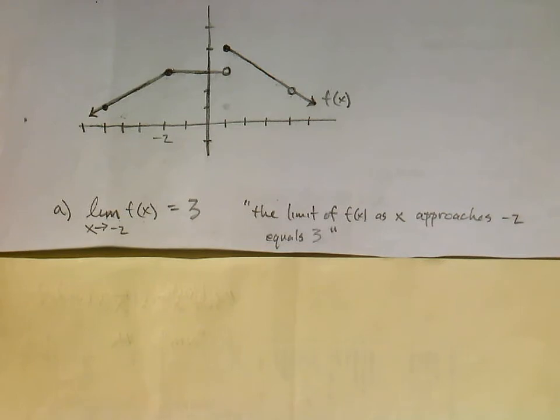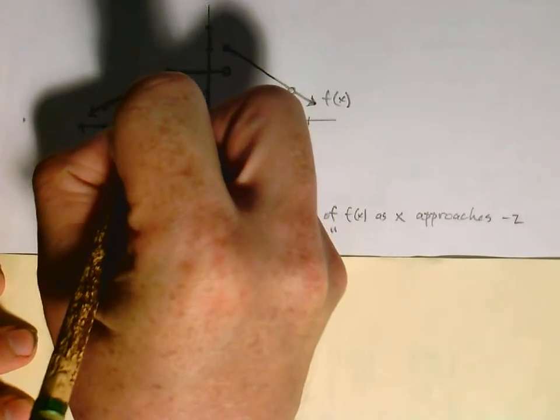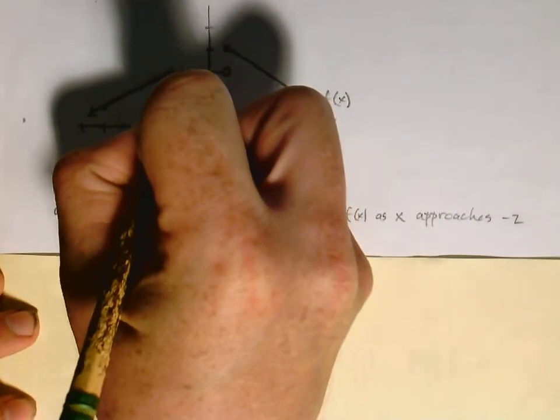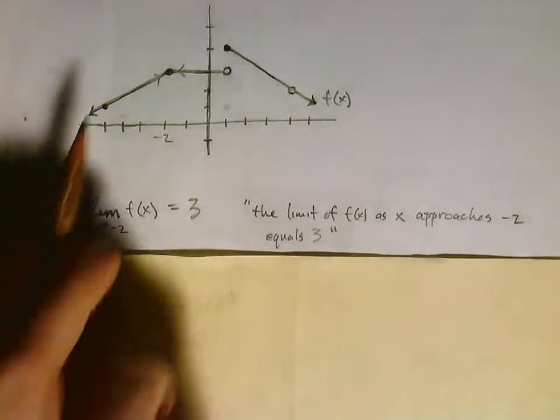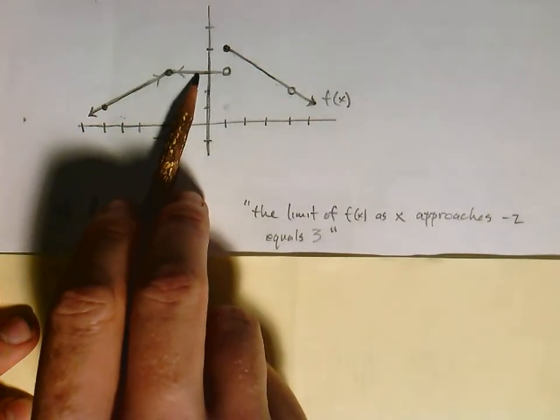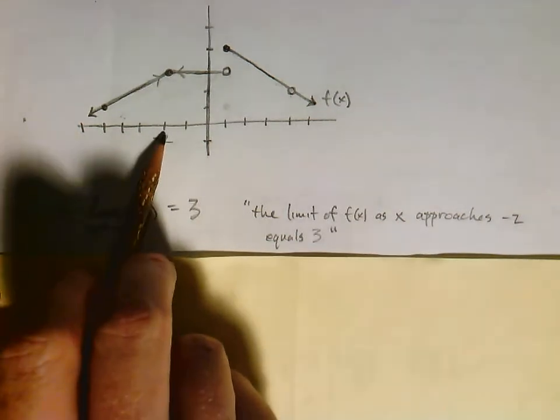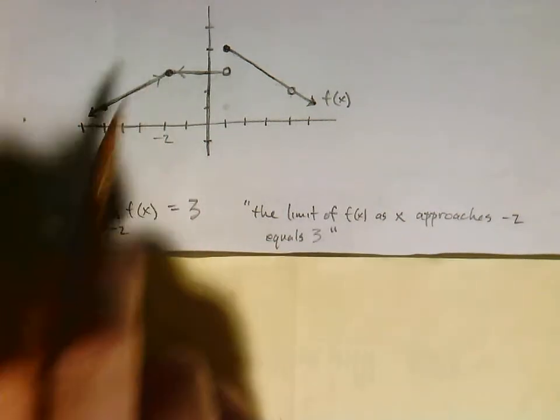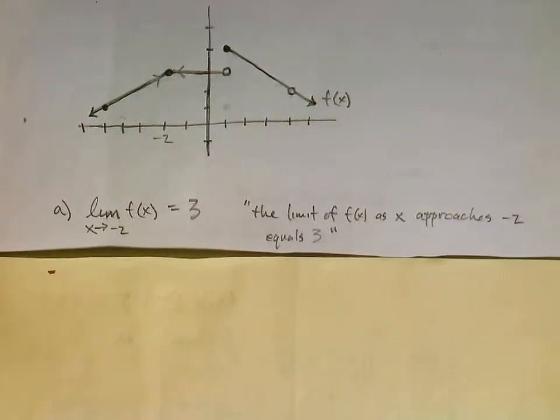This idea of approaches is getting at what it is headed towards. It doesn't matter what happens when it actually gets there. A lot of times you'll see people draw little arrows, one on each side. So as I approach negative 2 from this way, and as I approach negative 2 from this way, my function is getting closer to 3. Okay, exactly right. Let's try a different one.